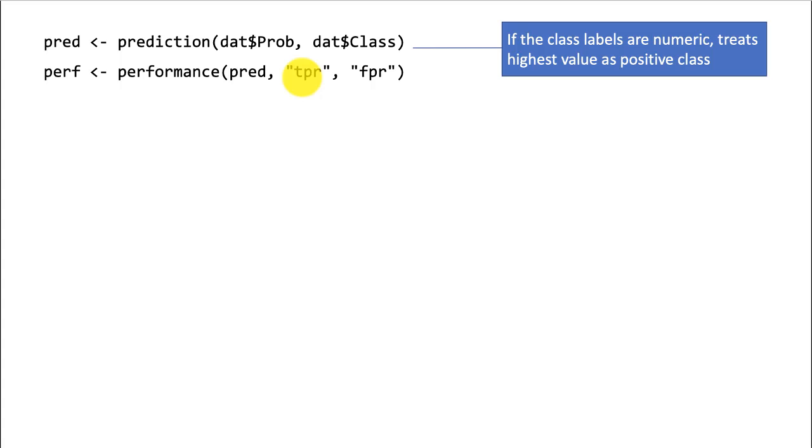The performance function is capable of generating many other kinds of things related to ROC charts, but in this course, we are only interested in generating ROC charts. So all we have to do is TPR, FPR as it is. This line will always be the same for you.